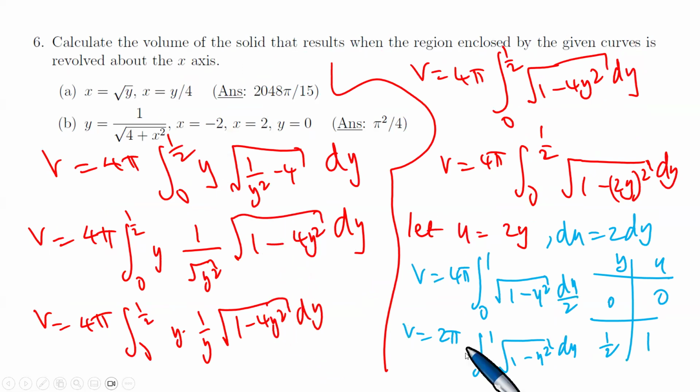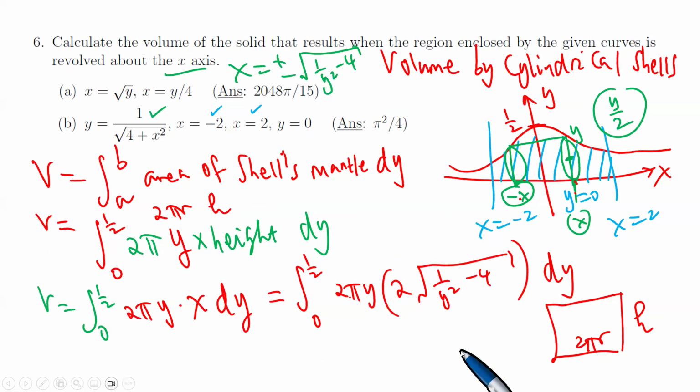Sorry, can you please elaborate on the 2x part? Yeah, the 2x part, because when you take a random cylindrical shell, it has an x that is on the negative side, but it also has an x on the positive side. They are the same size because it's symmetrical.